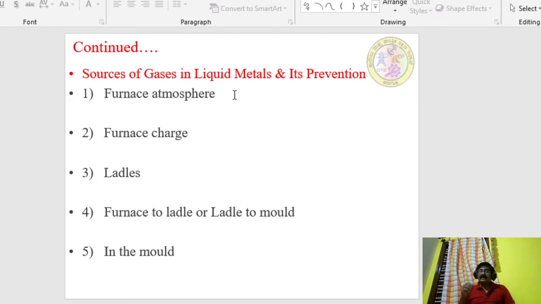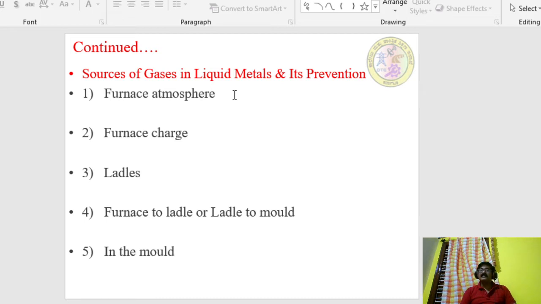Then we need to heat up to 700 plus, and then decrease to its melting temperature. The furnace atmosphere is also very important. The furnace surrounding should not lead to any absorption of gases or moisture and so on.